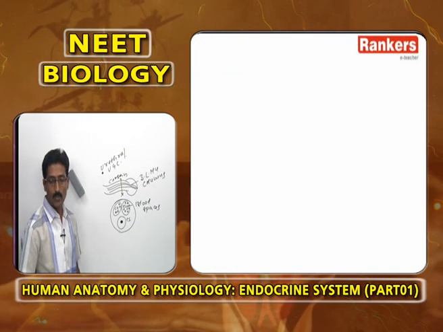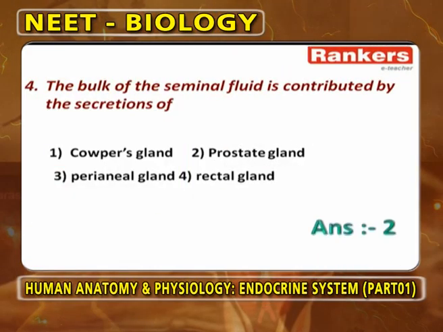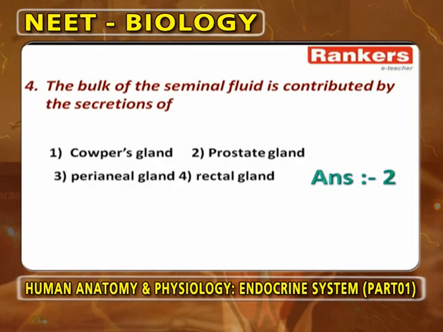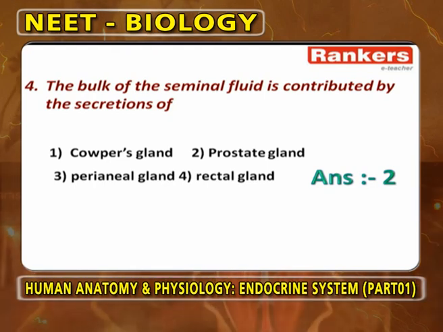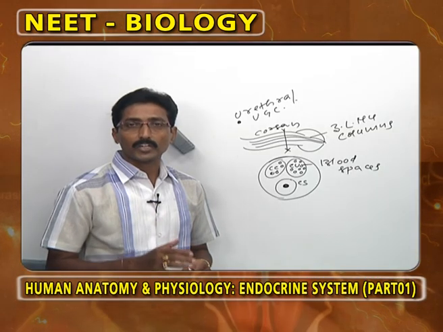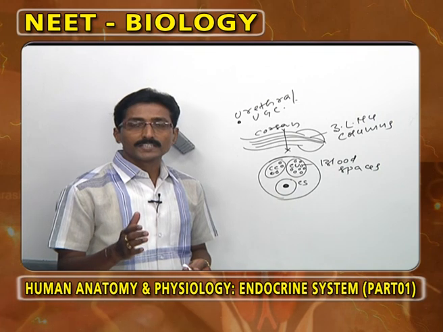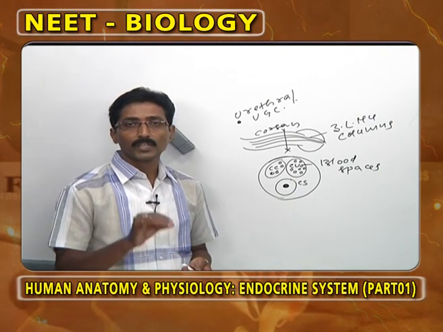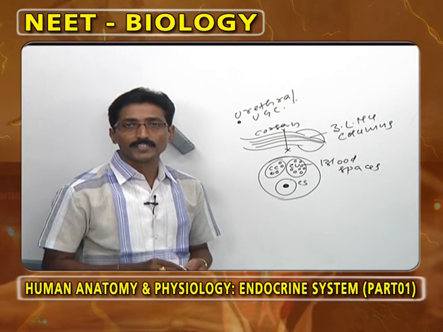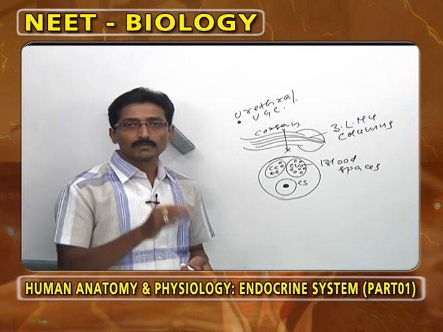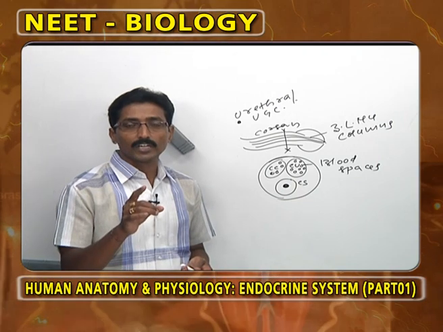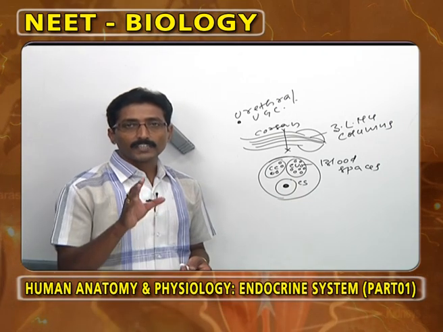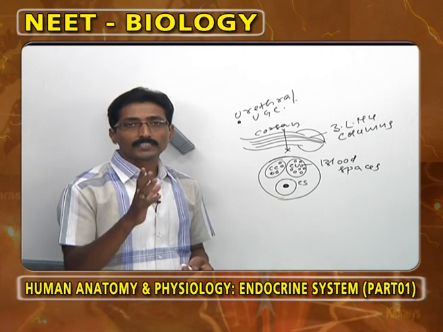Now we go for the next question. The bulk of the seminal fluid is contributed by the secretions of. Now as we observe the male reproductive system, what are the accessory glands associated with it? One we call the seminal vesicle, second the prostate gland, third the Cowper's glands, and the next the rectal glands.